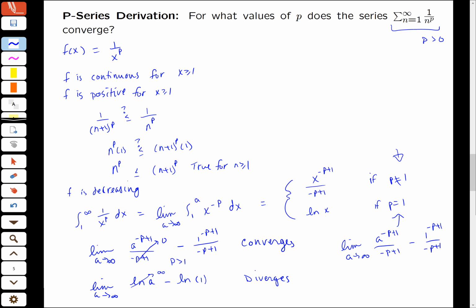So that means you have a to a positive exponent. What happens as a goes to infinity? Goes to infinity. So what that tells you is that it's going to converge when p is bigger than 1. It's going to diverge for values of p between 1 and 0.